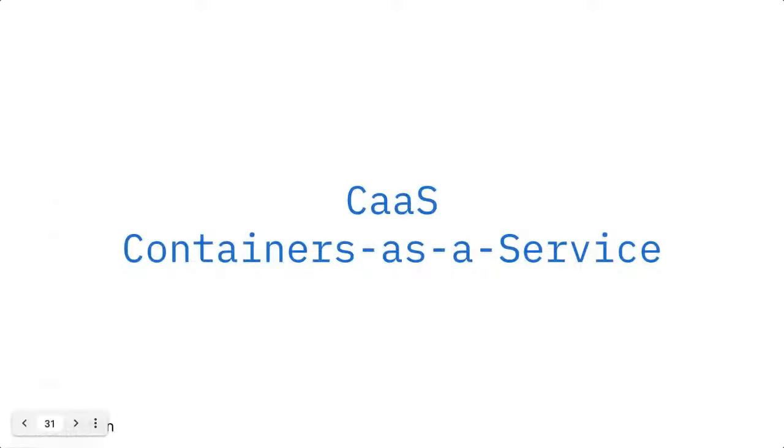So when we're talking about CaaS, containers are ideal for app modernization and hybrid multi-cloud scenarios because they're really lightweight and portable. And with container services from IBM, they're built on open source technologies like Kubernetes. So you're able to facilitate and accelerate your cloud services.